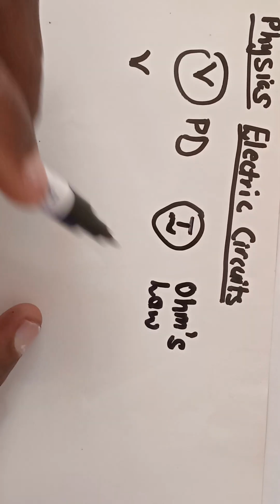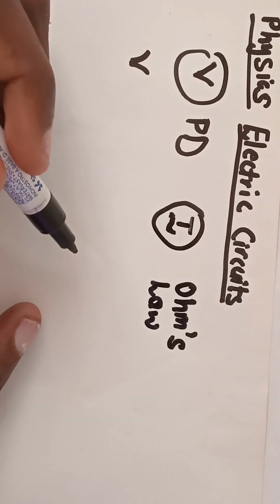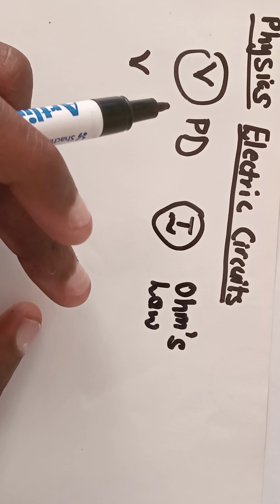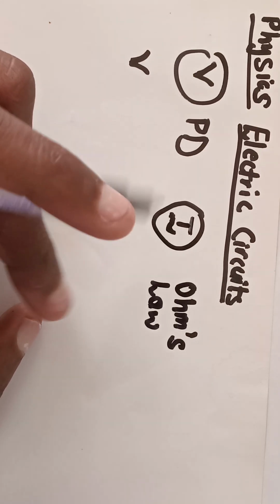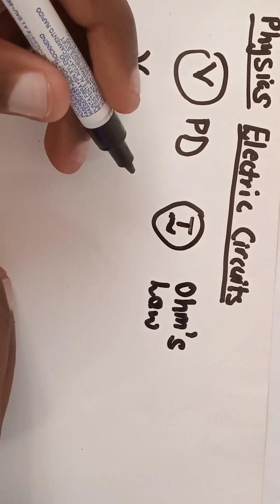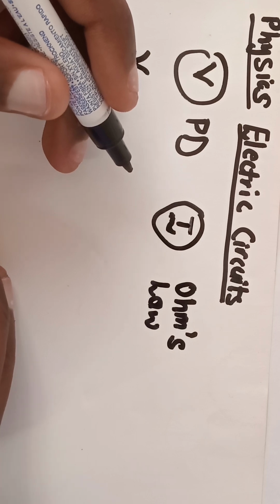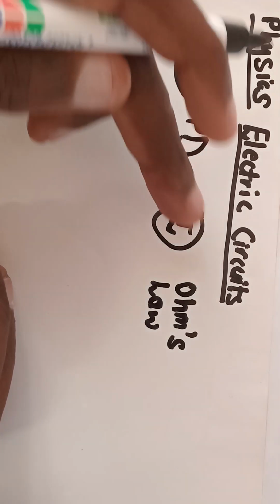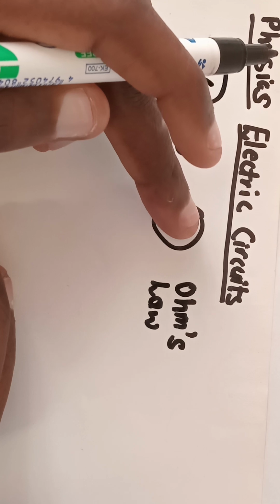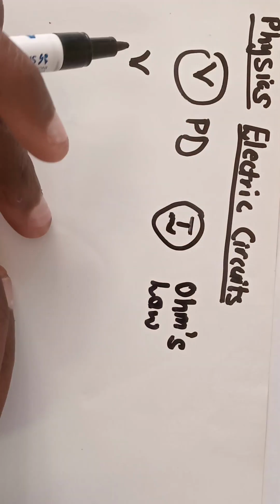So Ohm's law simply says that the potential difference across a conductor, you see, the conductor is something that carries electricity from one point to another.